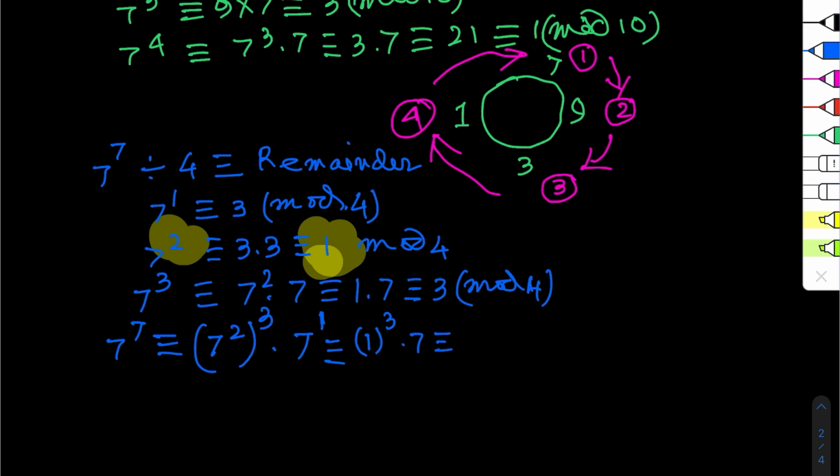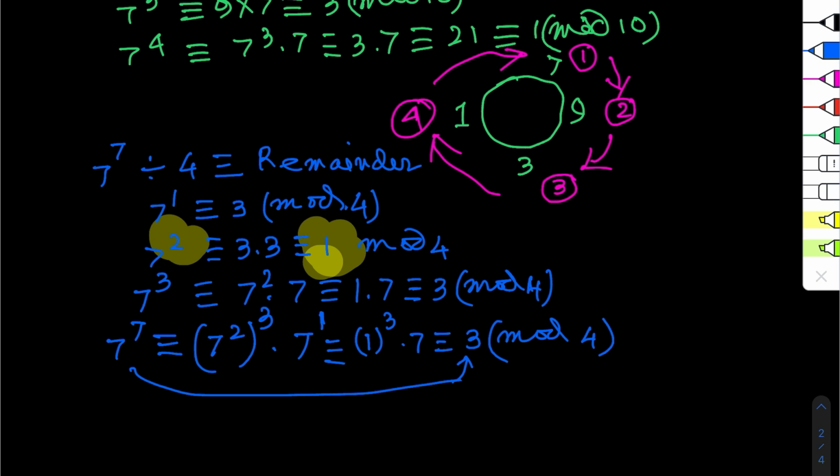So it is clearly 7, and when 7 is divided by 4, it gives 3. So 3 is the remainder for 7 to the power 7 when divided by 4.